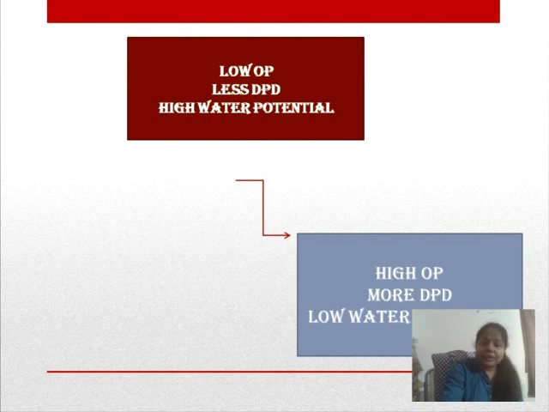So the water starts moving from low OP to high OP, from less DPD to more DPD, from high water potential to the region of low water potential. So this is all about water absorption, how water is absorbed by the root hairs. Thank you.